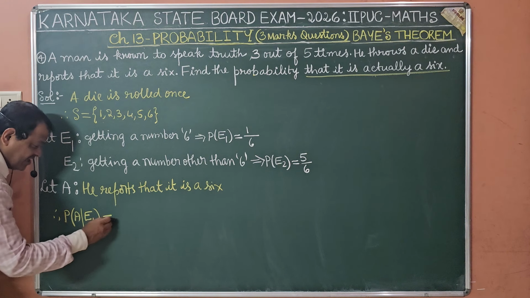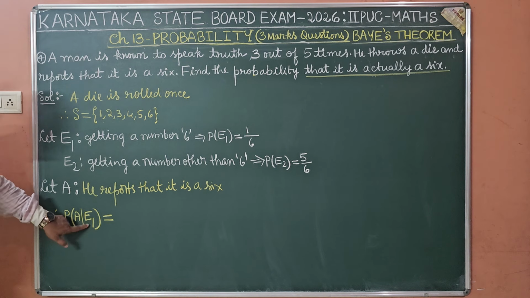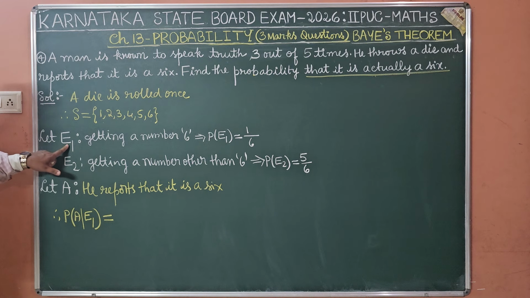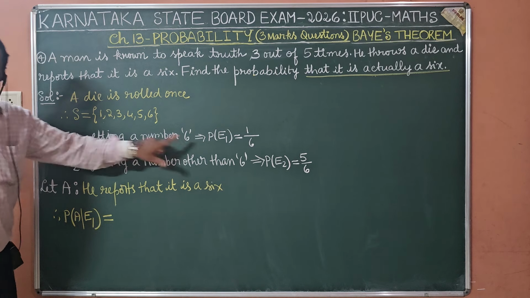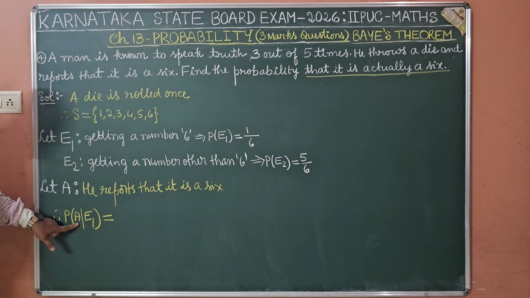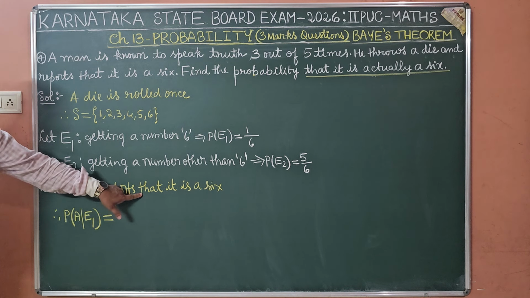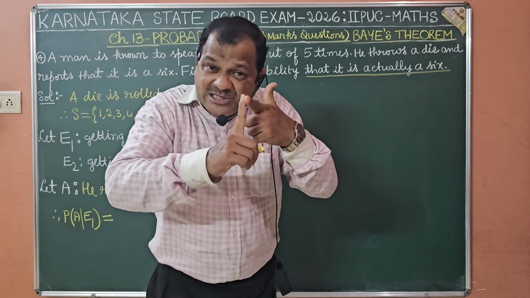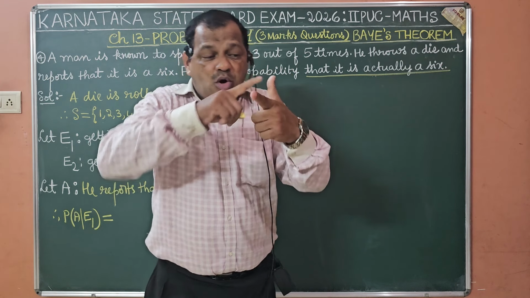Now let us find P of A given E1. Let us decode this properly. Event E1 is getting number 6, and event A is he reports that it is a 6. That means they got 6, and he reported it is 6, both 6, 6.